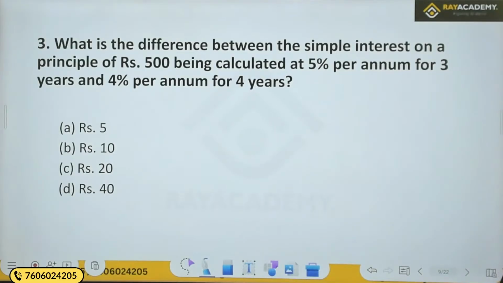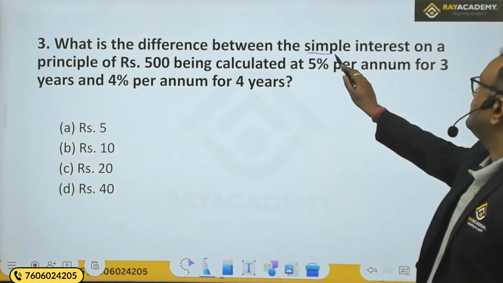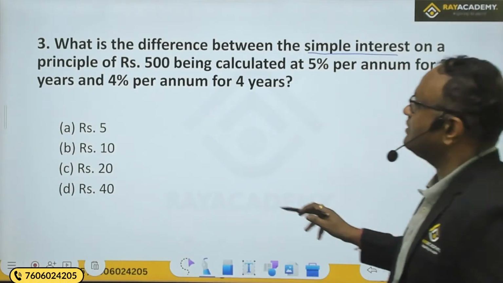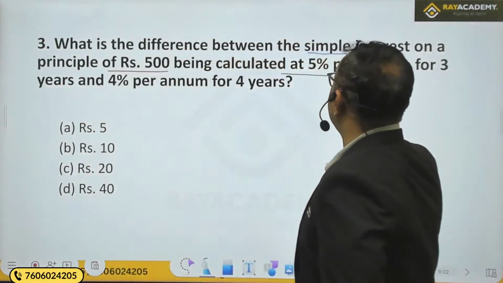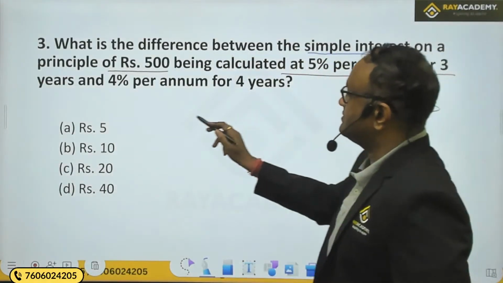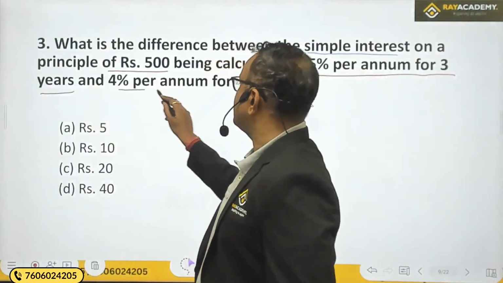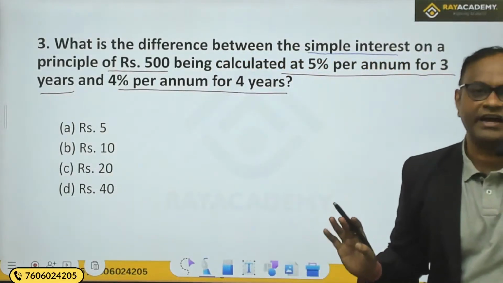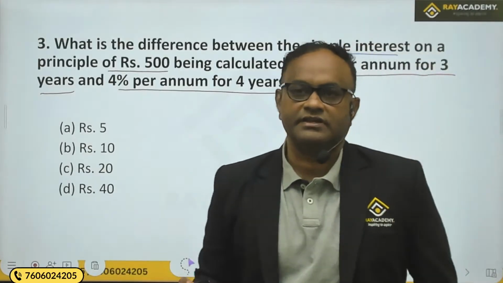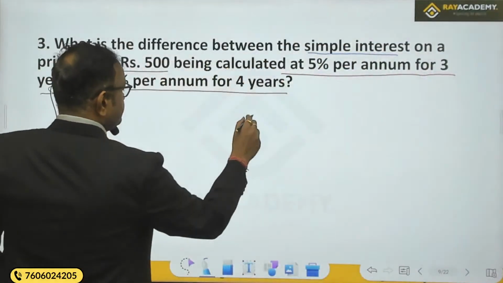Now this is the question. What is the difference between the simple interest on a principal of 500 rupees calculated at 5% per annum for 3 years and 4% per annum for 4 years? So your principal is 500, and two scenarios are given.